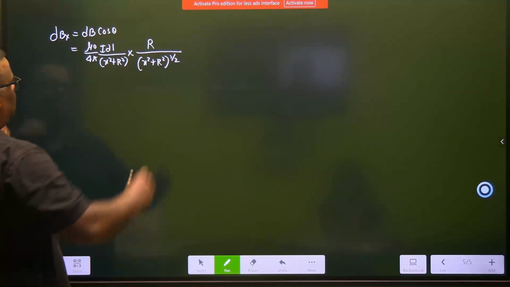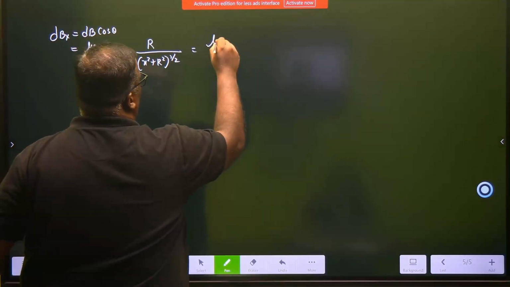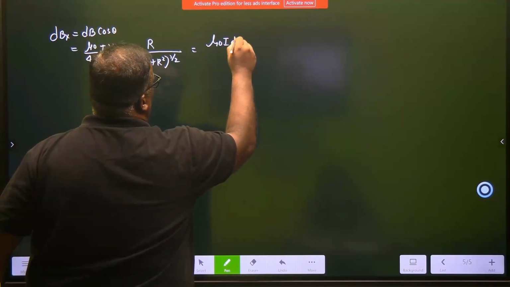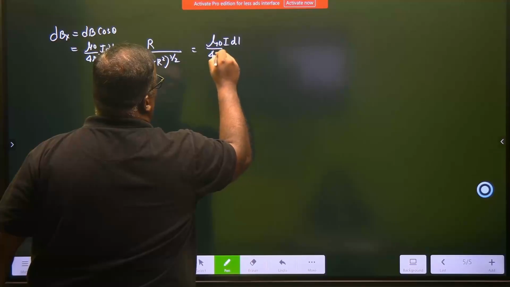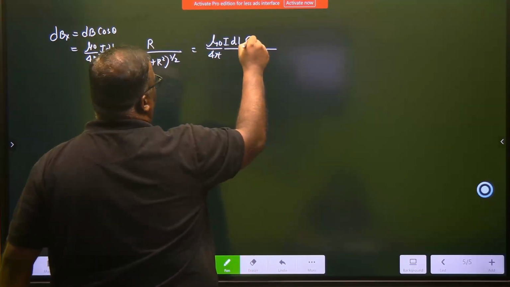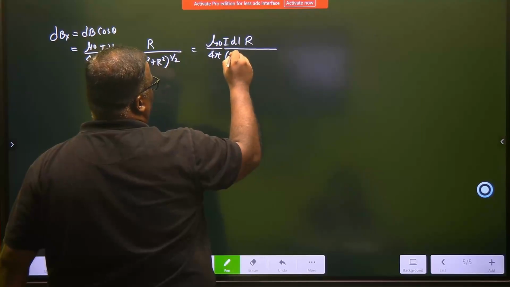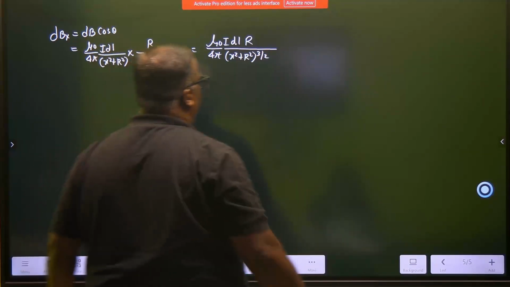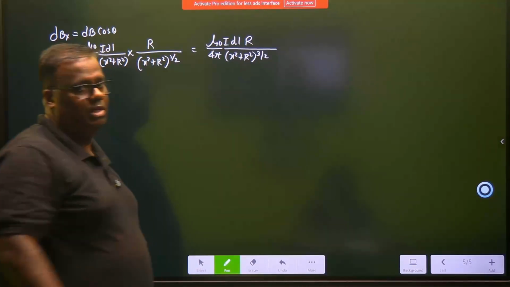So if you combine this expression, you get mu naught I dl over 4 pi, and on this side we will have r, and x square plus r square to the power 3 by 2. Fine.